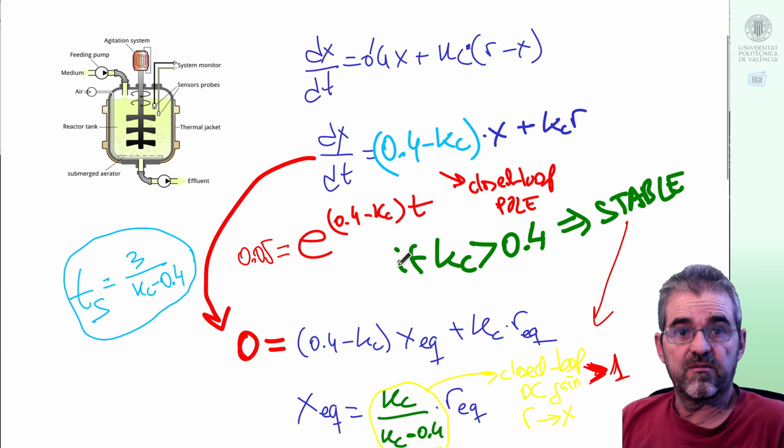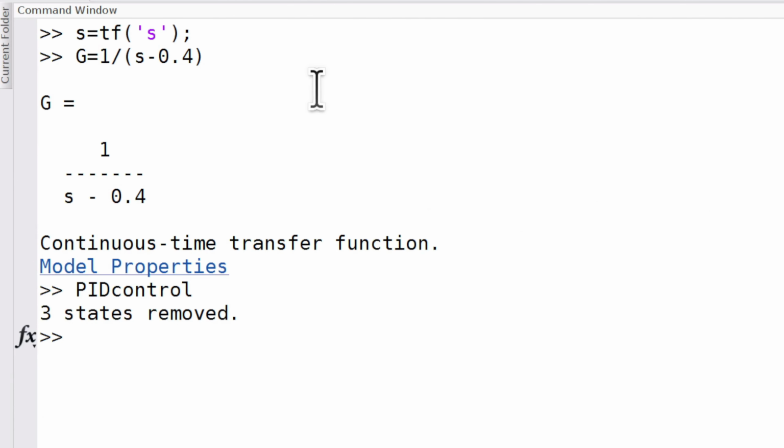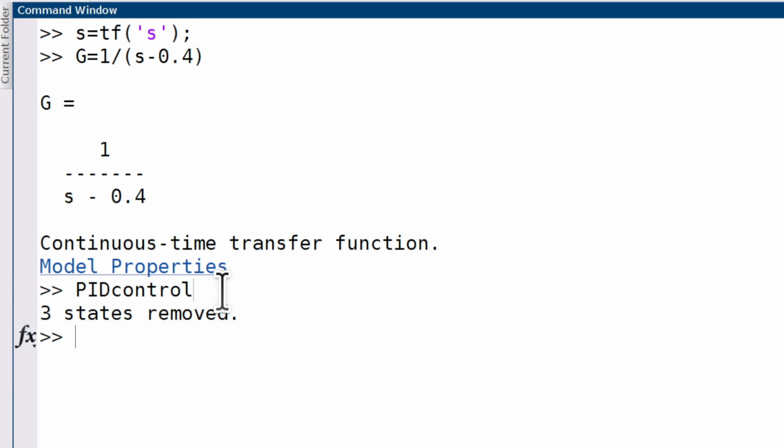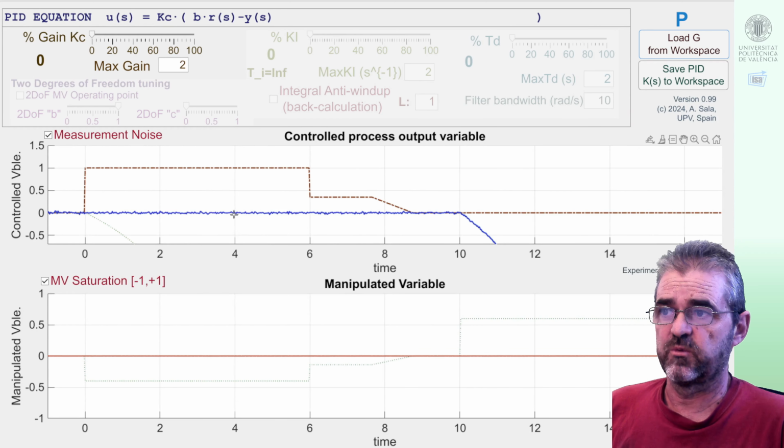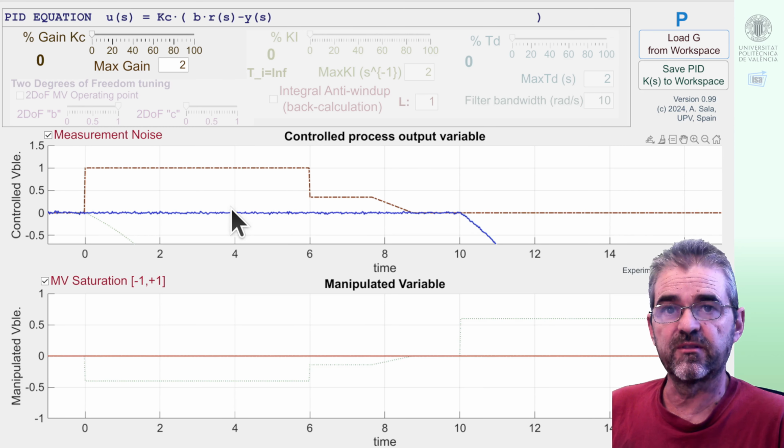So now, in order to end the video, we'll carry out a simulation to check that simulations confirm what we deduced with our theoretical manipulations. So, if I define the transfer function of my process and I execute a PID control application that I have to simulate PIDs for my students, we load from workspace, and then this is the simulation in which, forget about all the stuff on screen that is not related to proportional control.